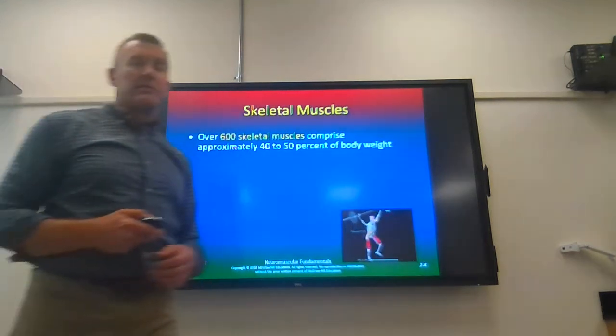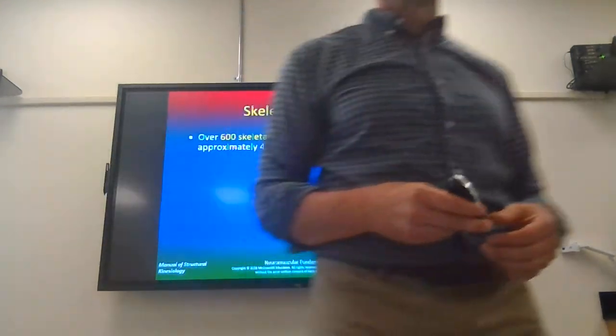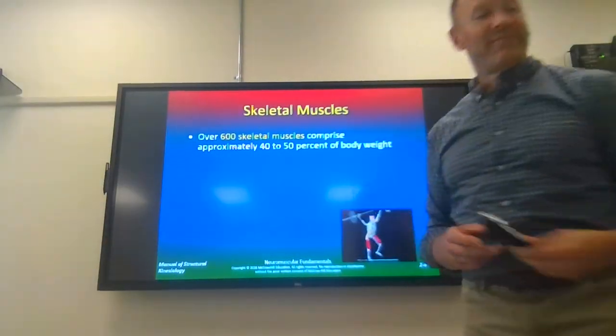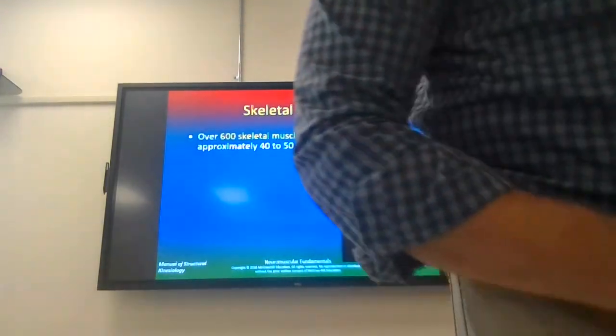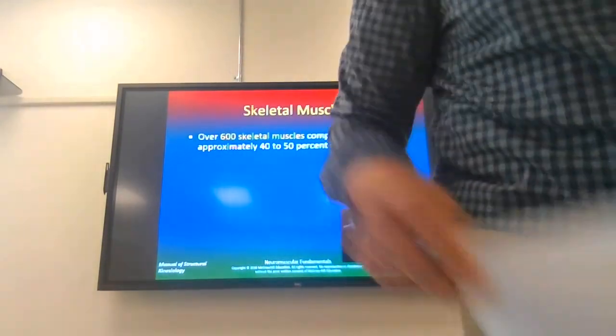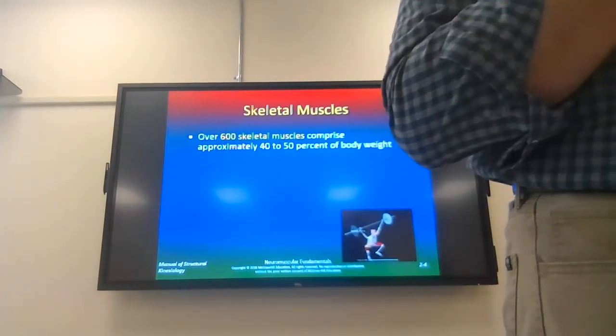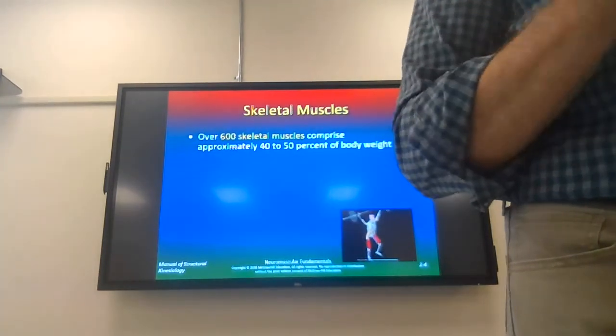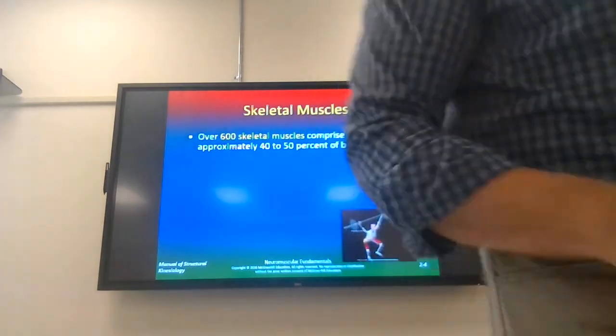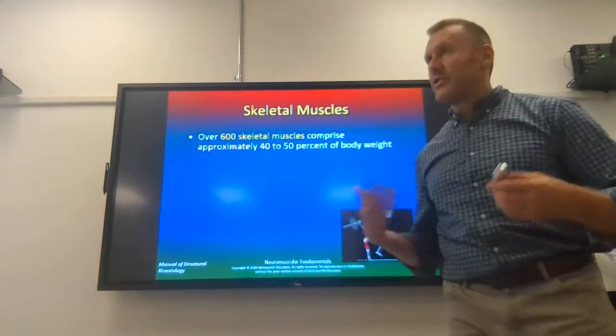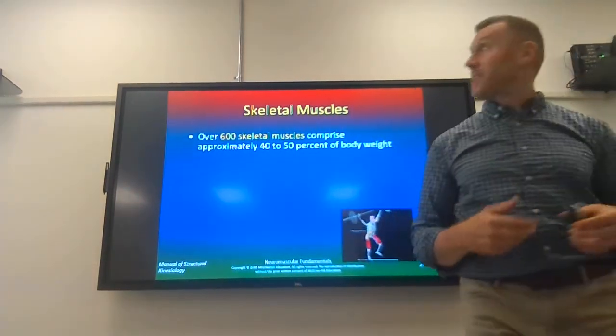There are lots of skeletal muscles in the body. You'll learn however many are in this handout, which is the major ones emphasized in your textbook. So we focus on the ones that are larger, that produce lots of force.